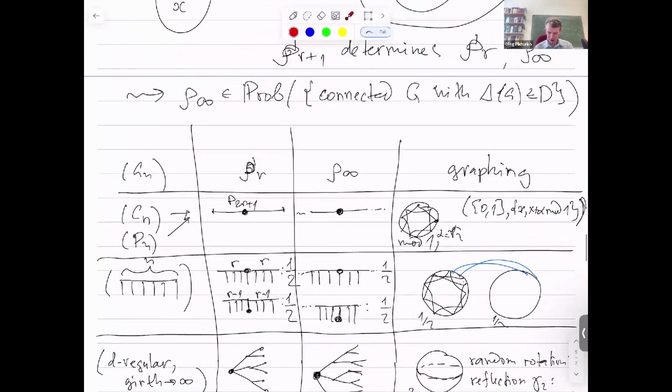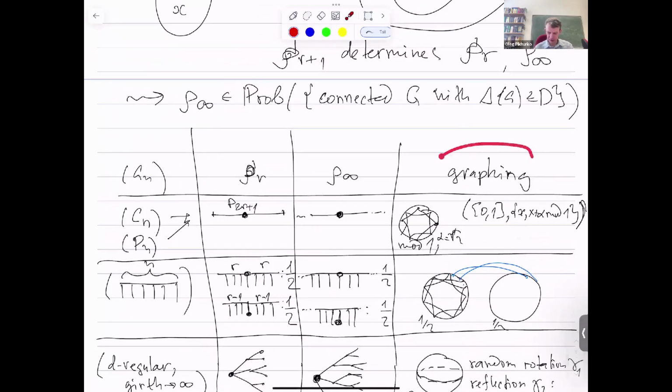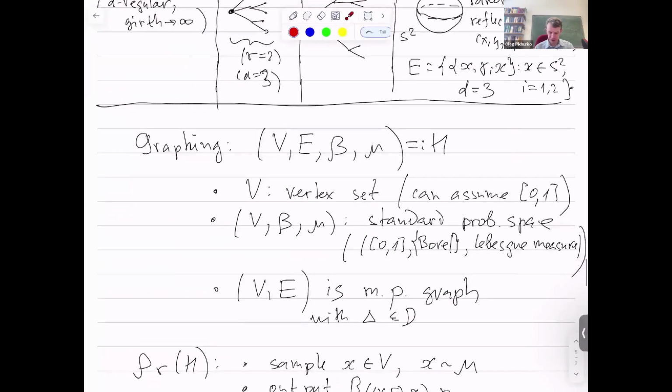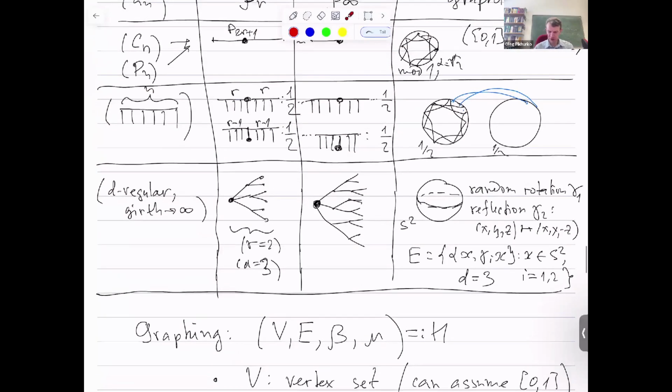And these objects also appear in ergodic theory and measurable group theory, because there is basically an equivalent definition of a graphing, which is exactly what we're doing in this table.